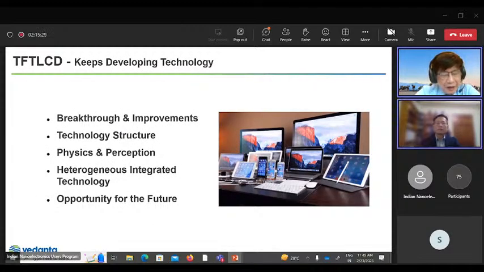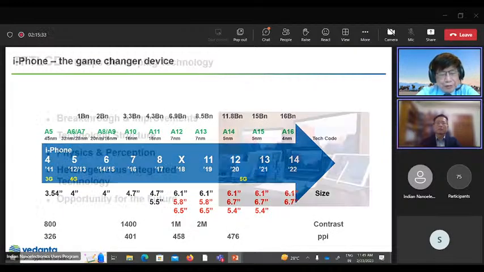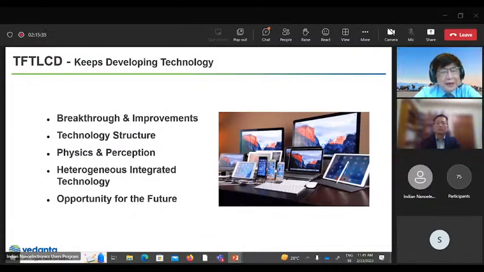In this talk, I will review the breakthroughs and improvements, and the technology structure of TFT LCD, and how the evolution has taken place in different aspects. The third is physics versus perception, the nature difference between the semiconductor and the display.